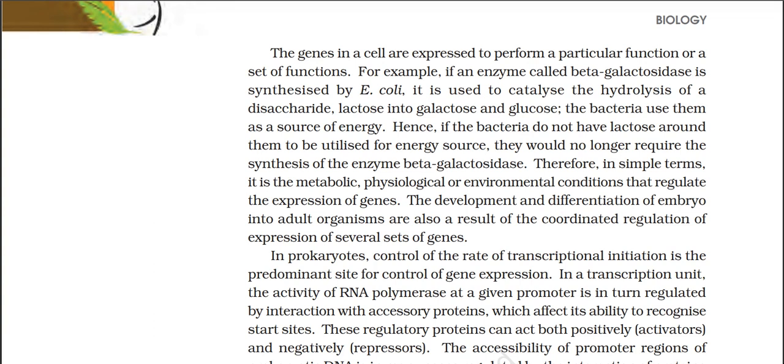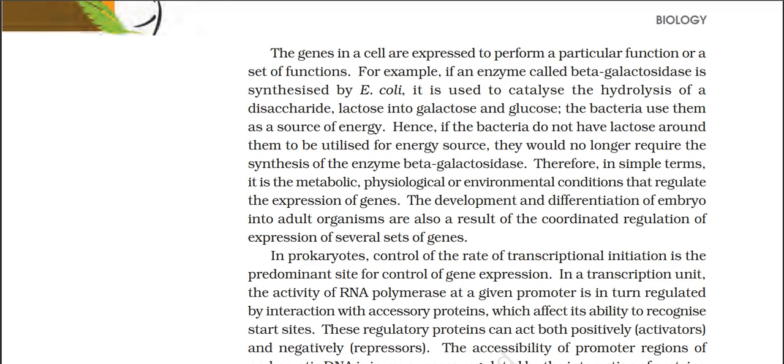Hence, if the bacteria do not have lactose around them to be utilized for energy source, they would no longer require the synthesis of the enzyme beta-galactosidase. Therefore, in simple terms, it is the metabolic, physiological or environmental conditions that regulate the expression of genes.